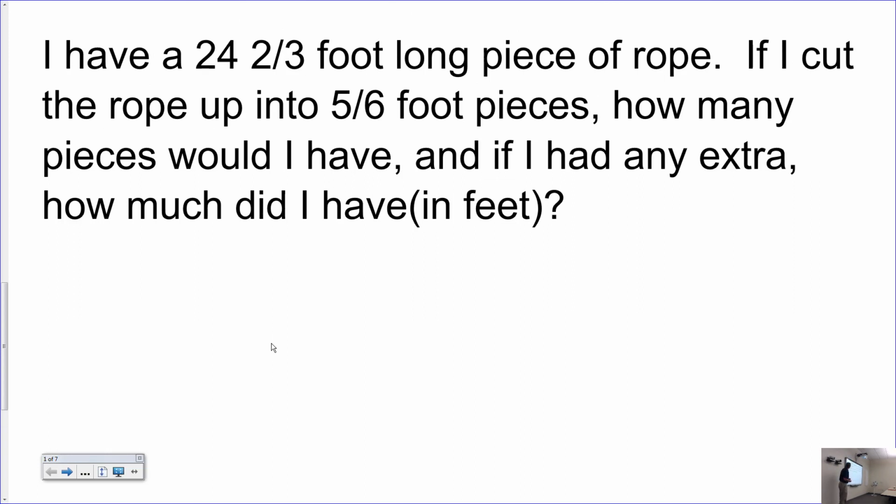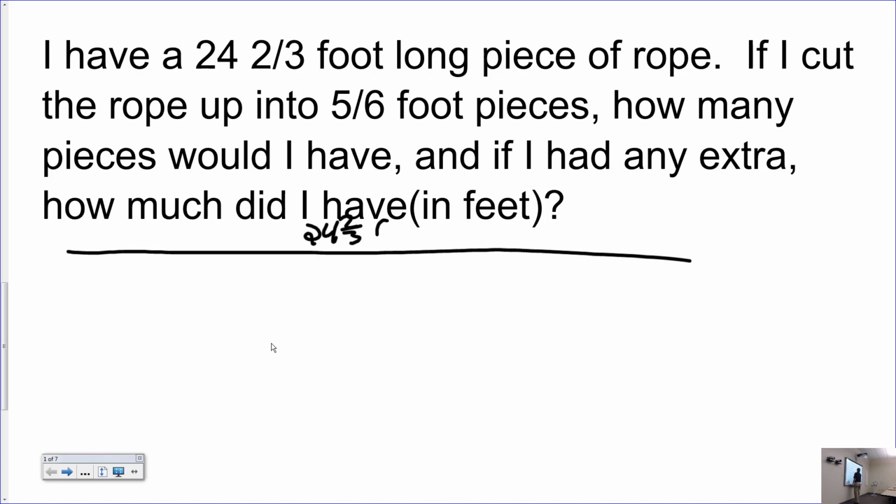All right, so you've got 24 2/3 feet of rope. You're cutting it into 5/6 of a foot pieces. Would you just divide? Exactly. That is exactly what you do. If you've got 24 2/3 feet, and you're cutting it up into 5/6, 5/6, 5/6, hopefully you see that you're dividing it into equal sizes.